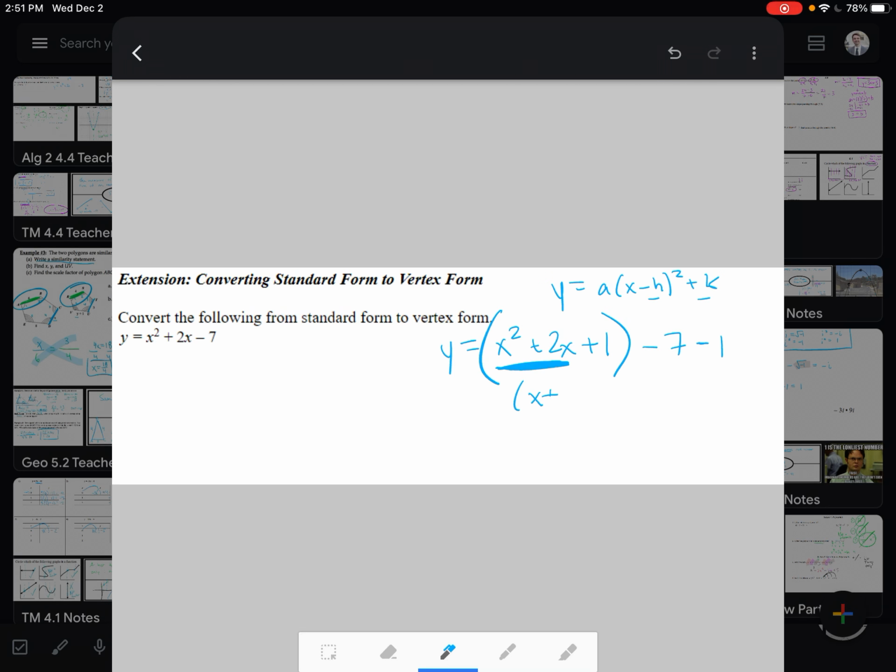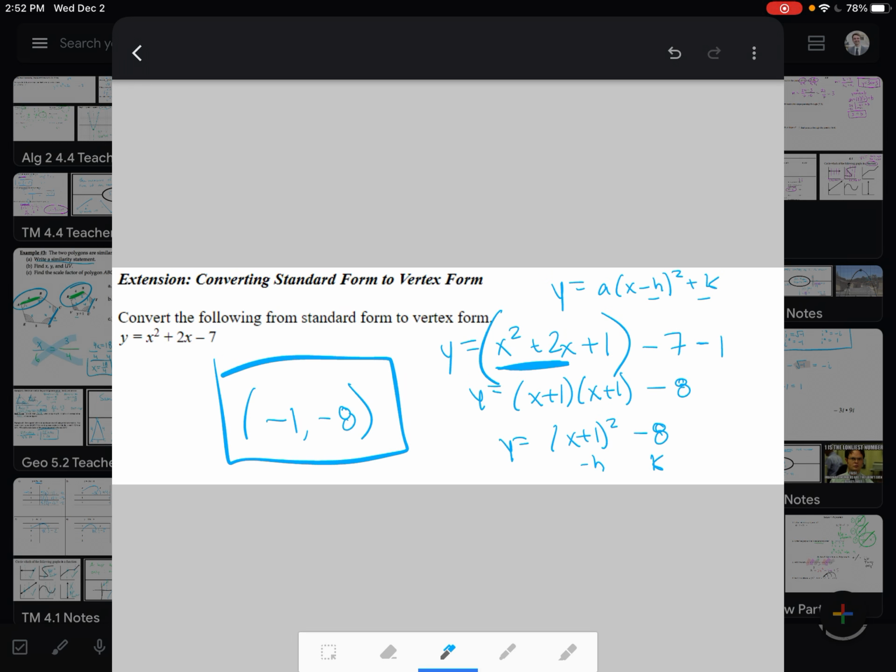When we do that, we're going to be able to factor this into x plus 1 times x plus 1. On the outside, we have negative 8. So now we just have our x plus 1 squared minus 8. So we see that our k value is here and our negative h value is here. So our vertex is negative 1, comma, negative 8.